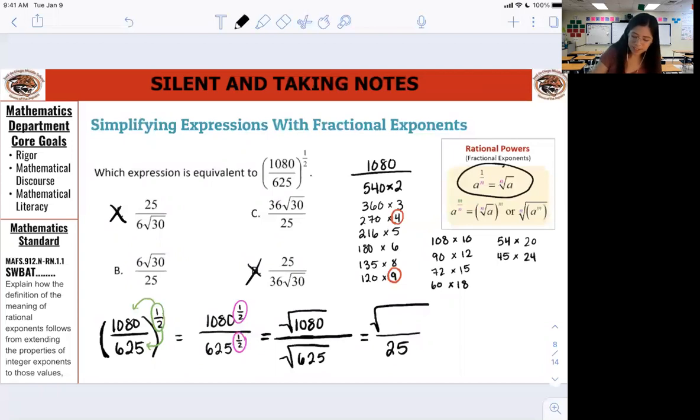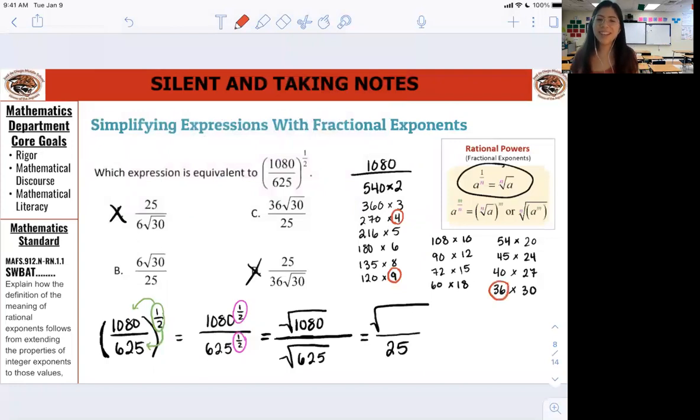Ooh, keep it going. 30 times 36. Bingo. Take a look. There's a perfect square, 36.